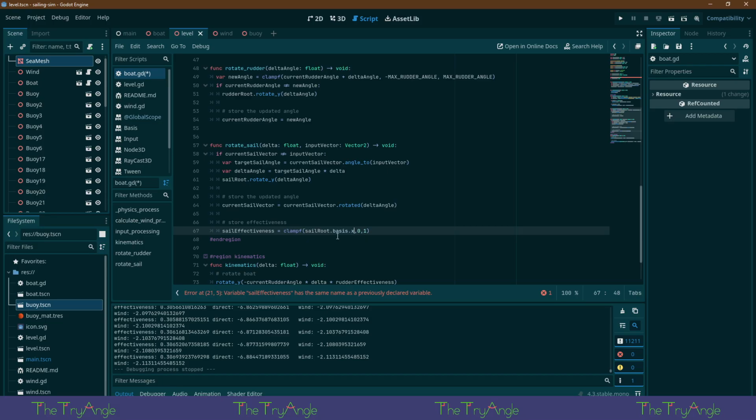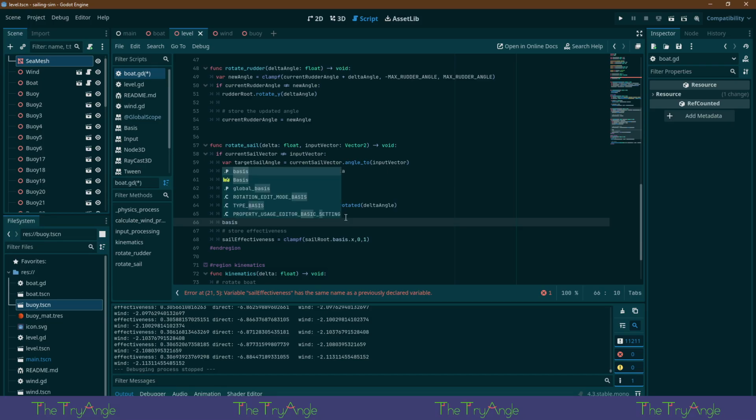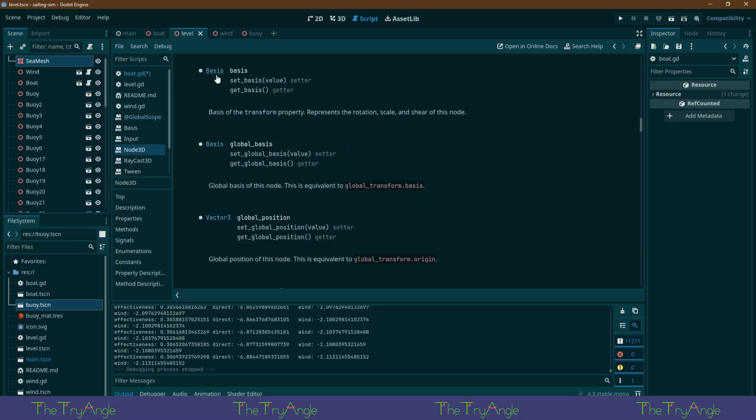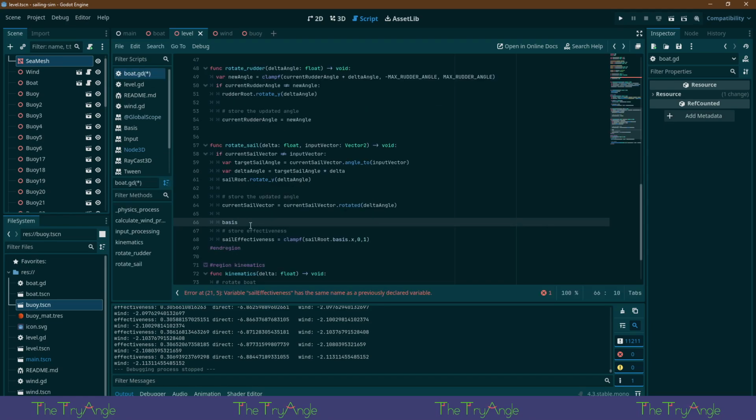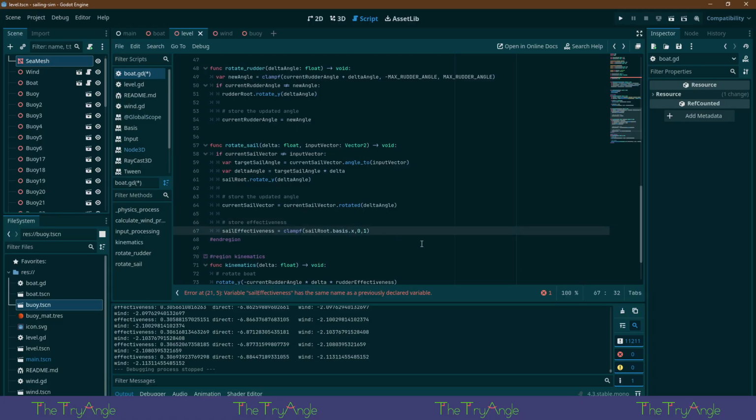Wait, no, I don't just want a vector. If I just looked up the basis, is that transform? I don't want the basis, because it's relative to their parent.